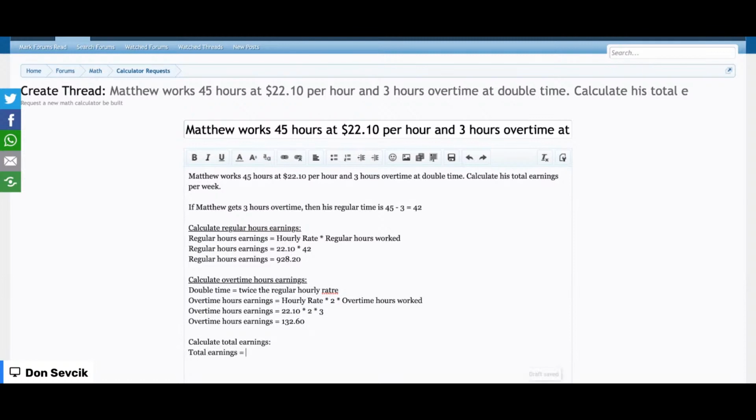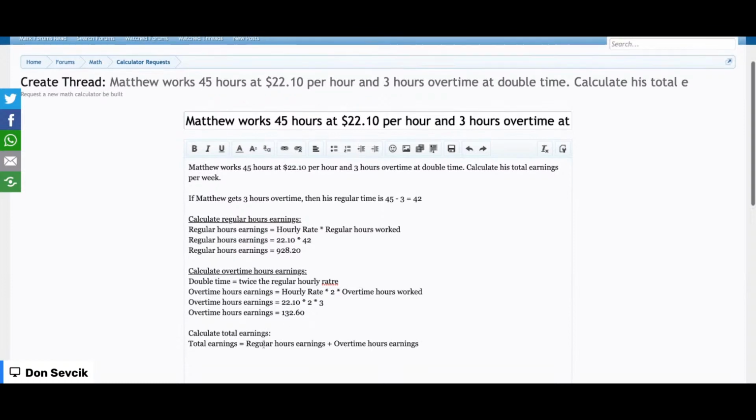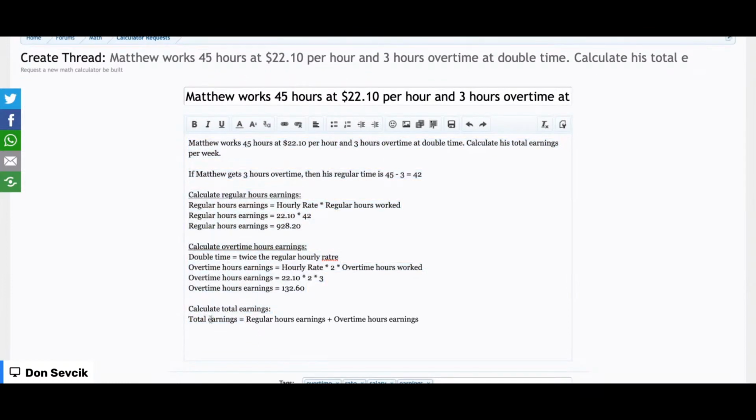Total earnings equals regular hours earnings plus overtime hours earnings. You got 928.20 plus 132.60. Add those together: 1060.80. And that's it.